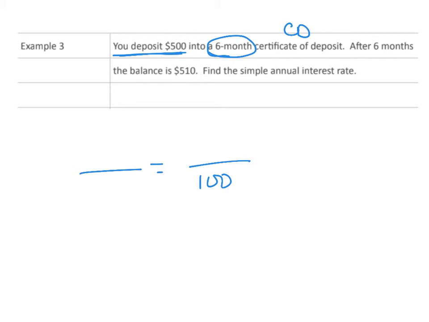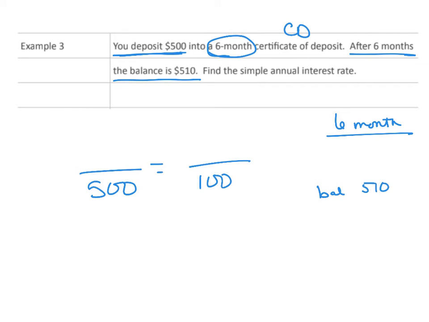So your original amount is $500. And it's going to be for 6 months, and that is going to be important, so we're going to hold on to that. After 6 months, your balance is $510. Take out your original $500. You've earned $10 in 6 months.